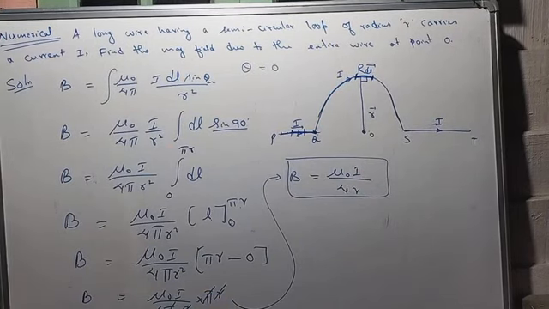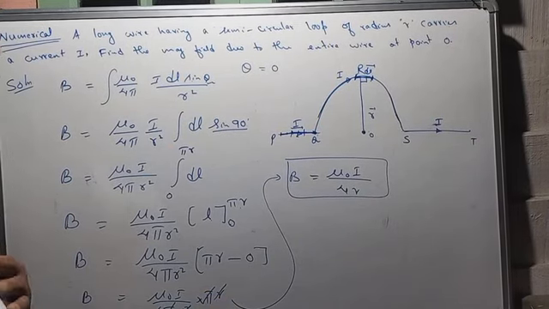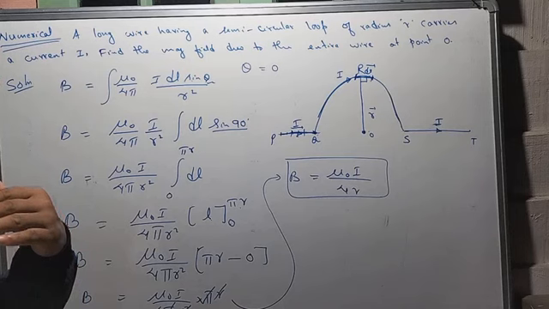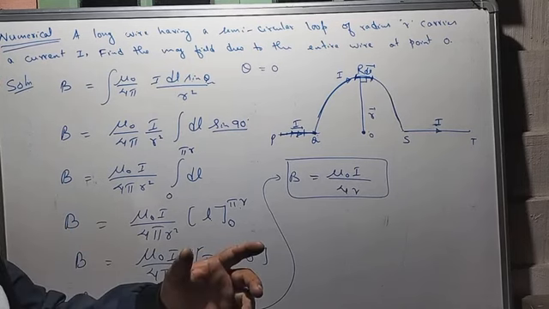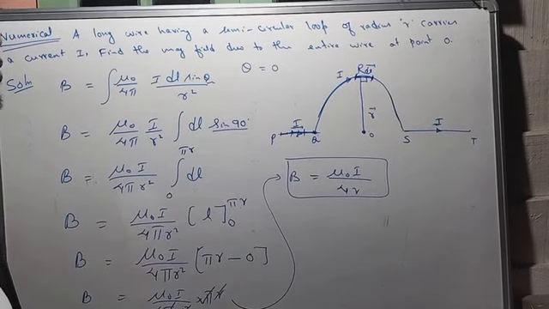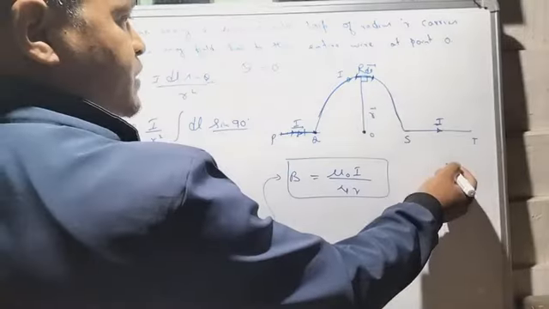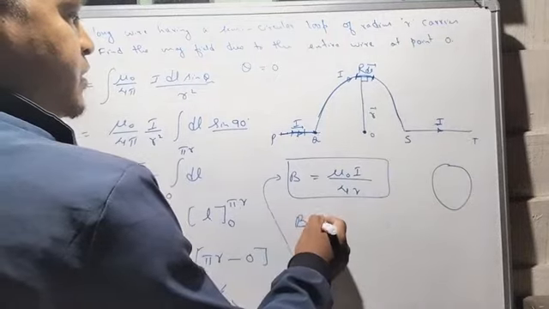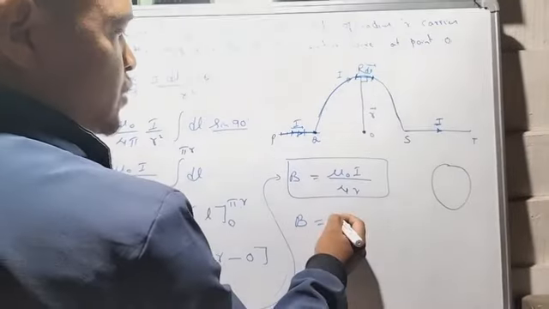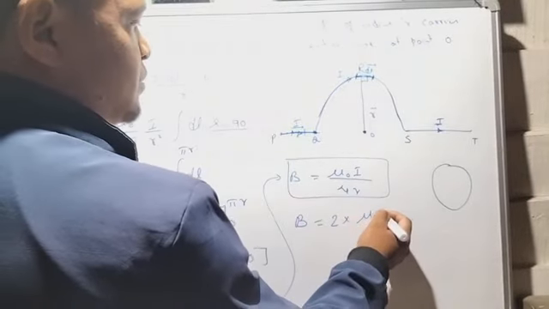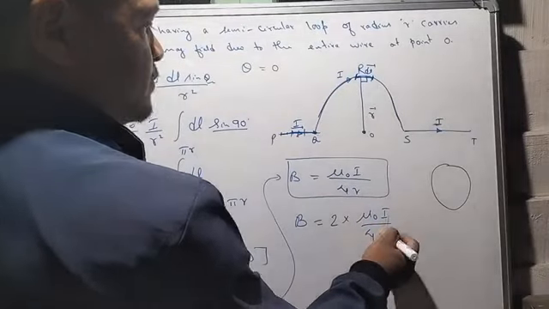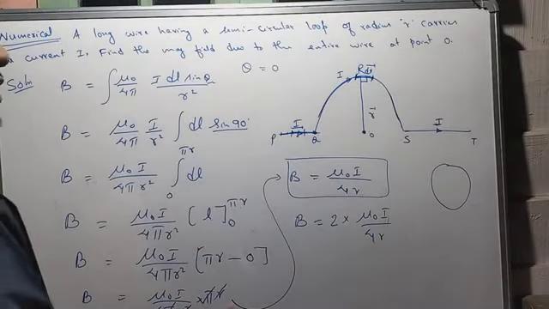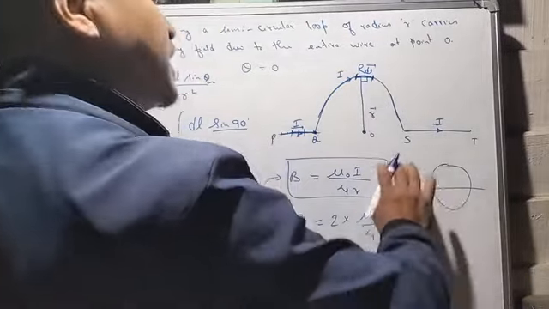Alright. So if this is the expression for the magnetic field at the center of a semicircle, then what will be the magnetic field at the center of a circular loop? When I say circular loop, I mean a full circle. So for a full circle, this magnetic field should be twice this mu naught I upon 4r, because a semicircle is just half of the circle.